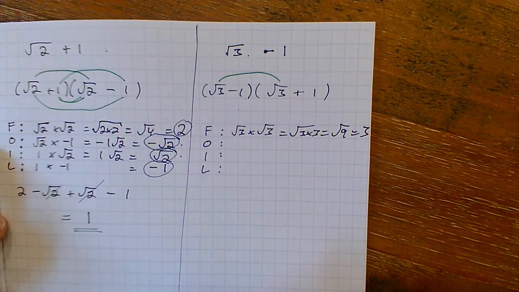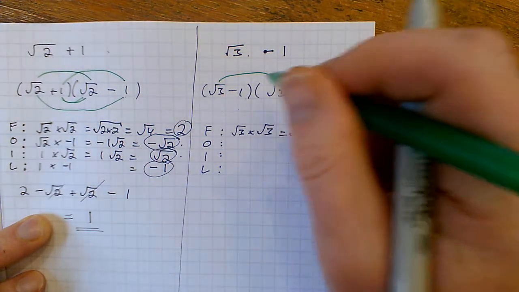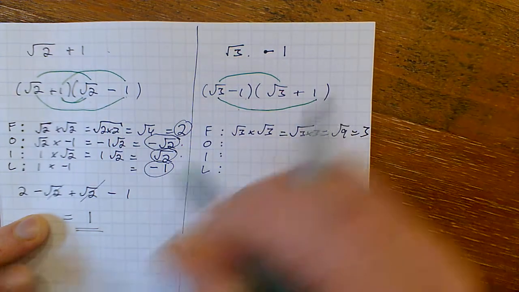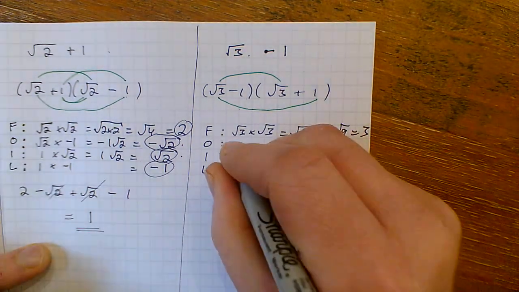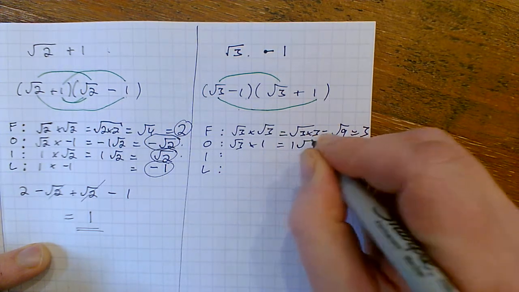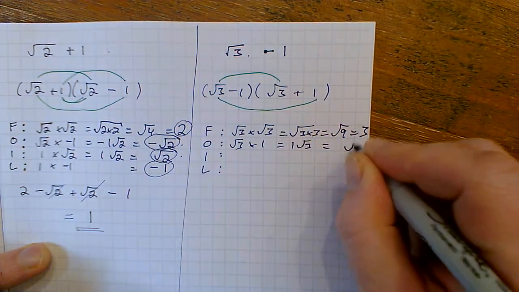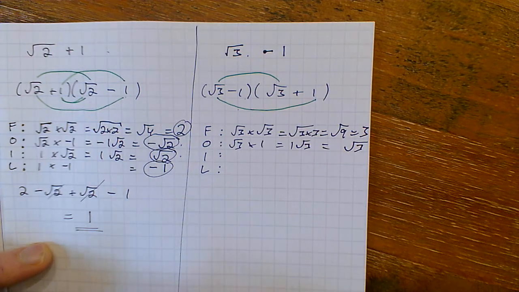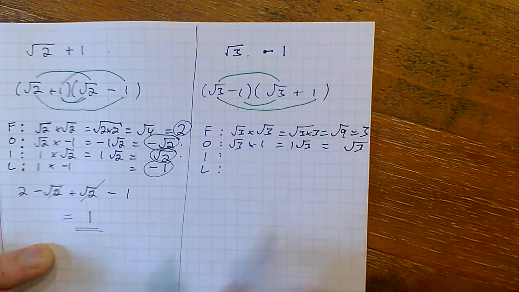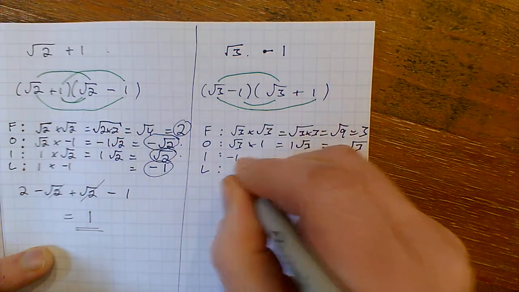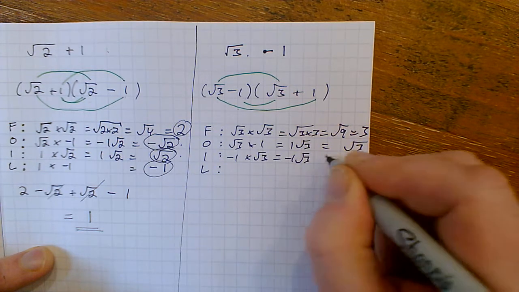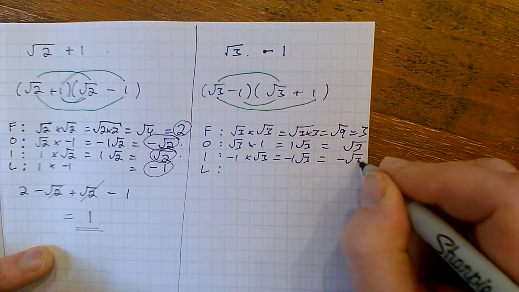Then outers. Here are the outers. Root 3 multiplied by 1 gives me 1 root 3, or just root 3. The inners, which are the two next to each other, I've got negative 1 multiplied by root 3, which gives me negative 1 root 3, or just negative root 3.